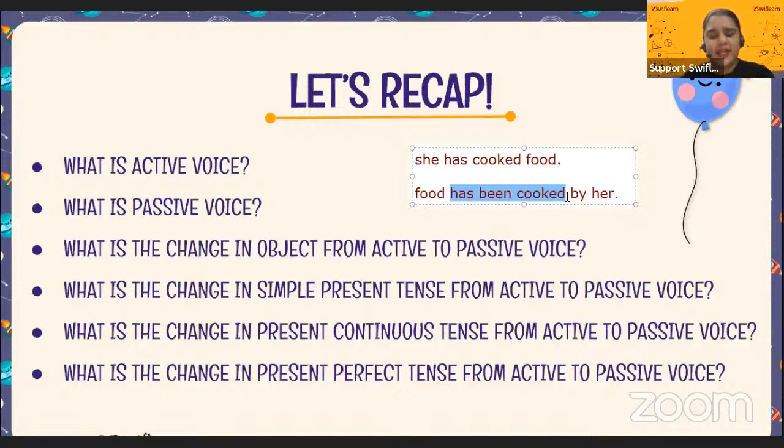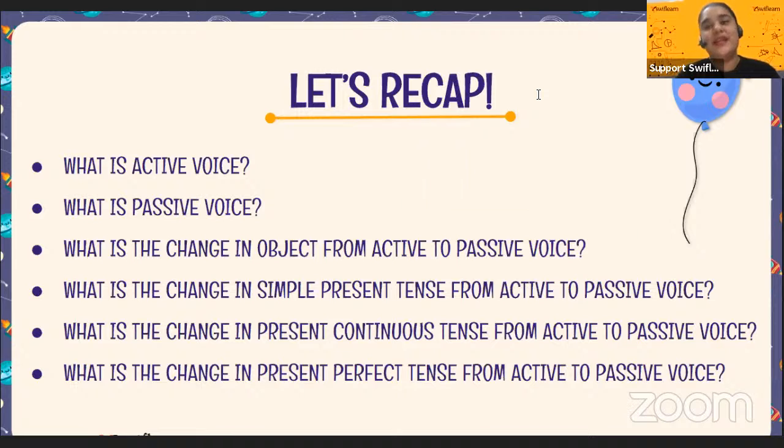If I say girl has clicked selfie, what will be the passive voice for that? Selfie has been clicked by girl. Getting it? So we have to use has been in this case. Clear? Very good. So keep revising it. It will help you. Let's move to next part now.